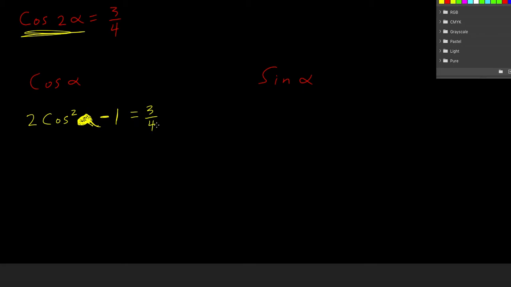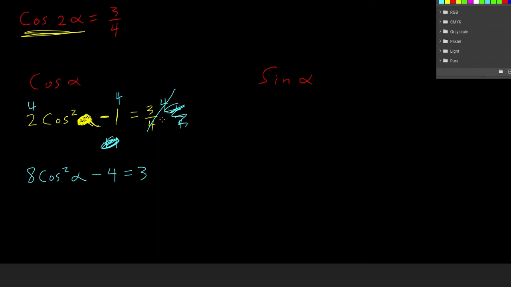Okay. Now we're just going to go through the algebra to solve that, and we'll be done. So we add 1, but I'm going to think of the 1 like it's a 4 over 4. Actually, you know what? Let's clear the fraction so we don't have to deal with that. So I'm going to multiply every piece by 4. So now we have 8 cosine squared alpha minus 4 equals 3.